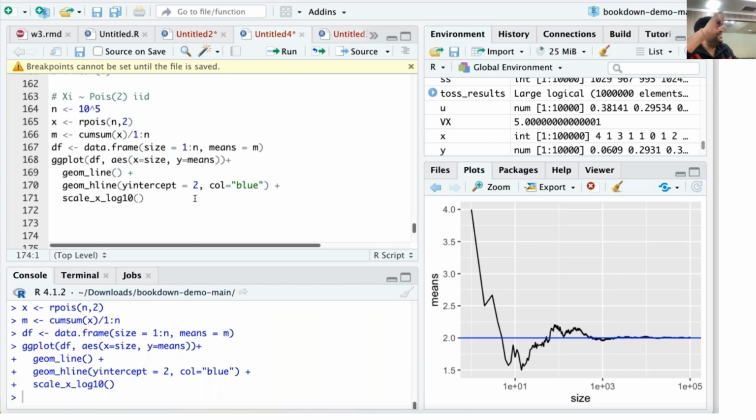So clearly the range of values that you'll observe in the sample path initially will be higher, and as you increase the sample size, the range of values of the sample mean will become smaller and smaller. Is that fine? Any questions?